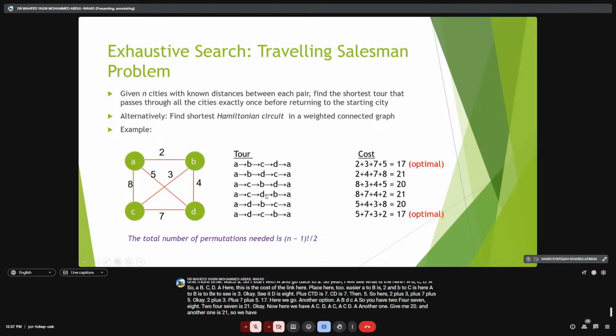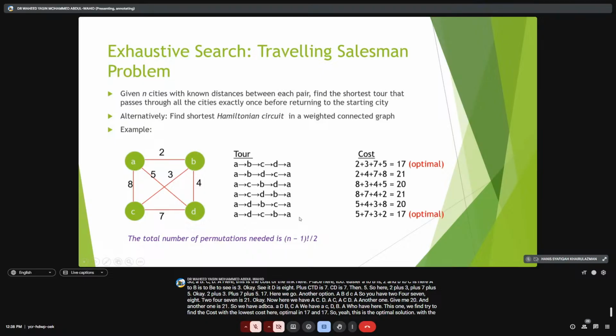So we have A, D, B, C, A, and A, C, D, B, A. We try to find the tour with the lowest cost. Here the optimal is 17, so this is the optimal solution.